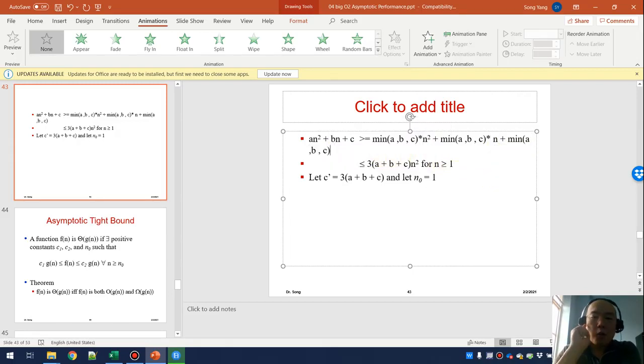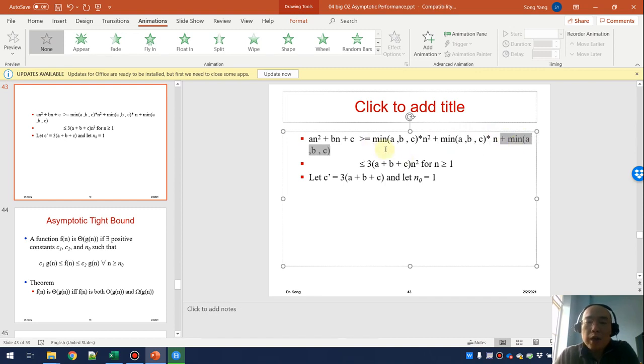Okay, so the trick is, I'm going to find the smallest value among a, b, and c. Then a n squared is guaranteed to be greater than or equal to min(a, b, c) multiplied by n squared. Is that true? And if it is, the same thing holds for min(a, b, c) multiplied by n, and min(a, b, c).